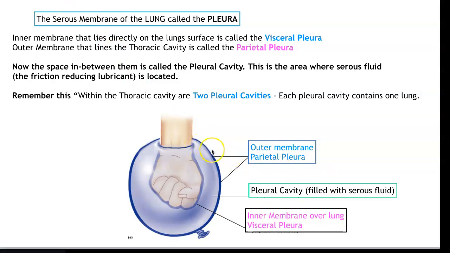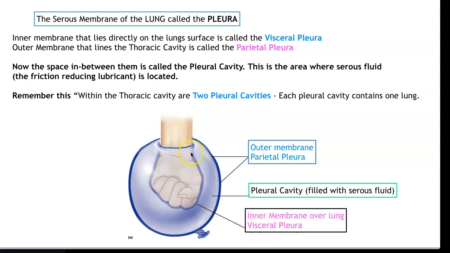This outer layer of the pleura is called the parietal pleura. Remember, parietal is always on the outside. It is the wall. This parietal pleura is lining the thoracic cavity wall. The inner layer is going to be called the visceral pleura.